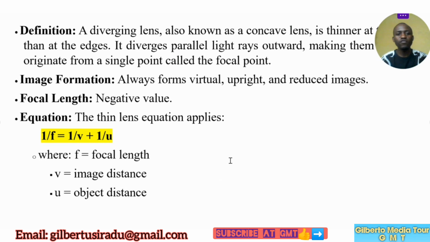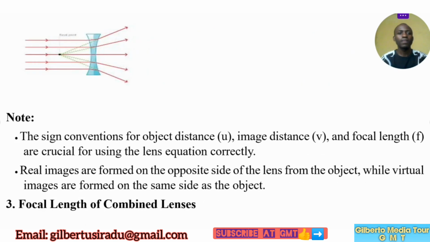Whereas when the focal length is negative, it means it is a diverging lens or concave lens. Concave lens always has negative focal length, whereas convex or converging lens always has positive focal length. That's about focal length.